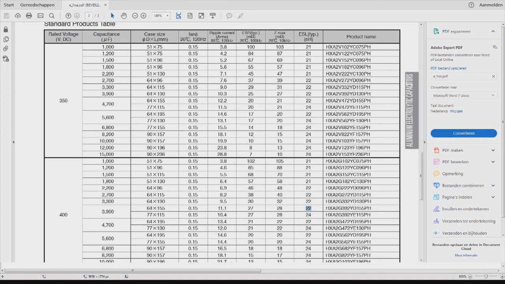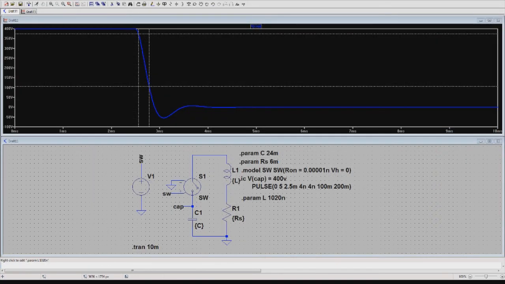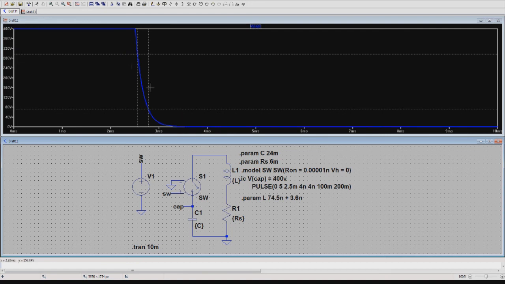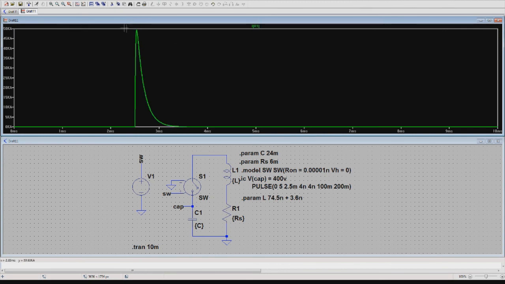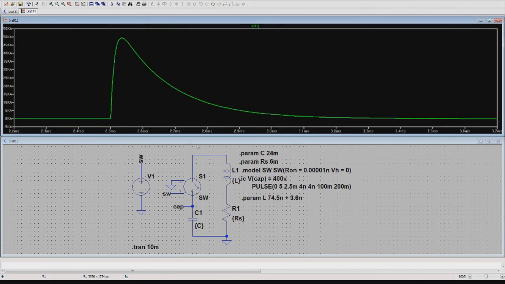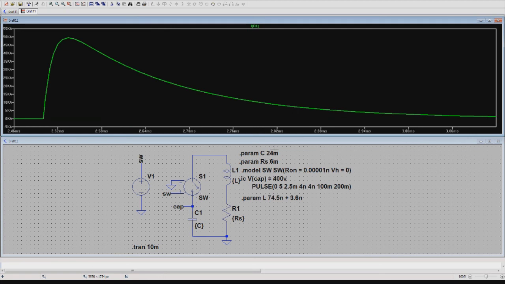So I'll put that into my calculation here. 3.6 nanos, which will make a better model of what my real values would be.